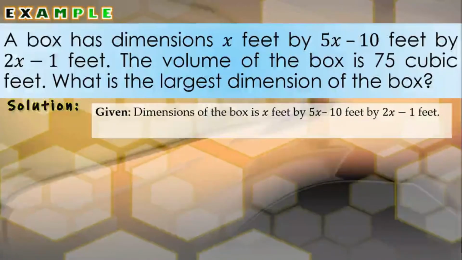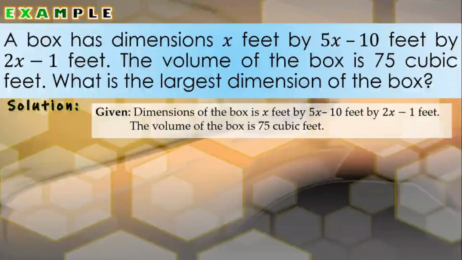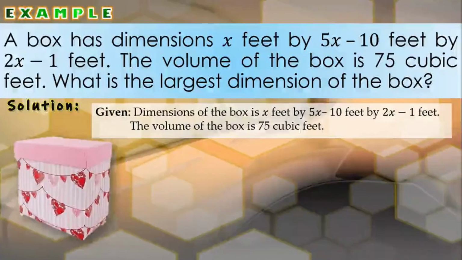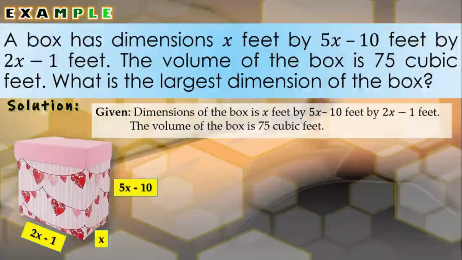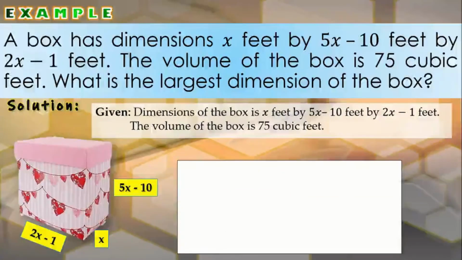Okay, so we don't know the real number or the real measure of that dimension. So the volume of the box is 75 cubic feet. Now, if that is the box, okay, so that is the measure of each dimension.